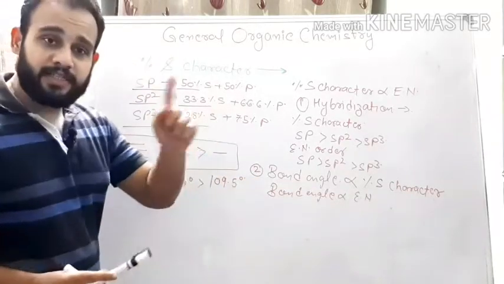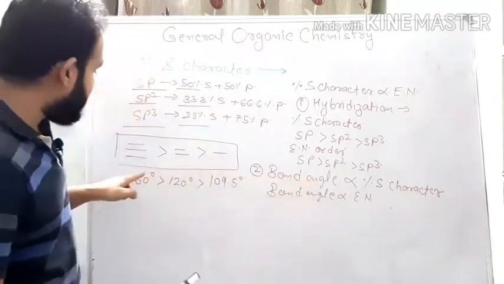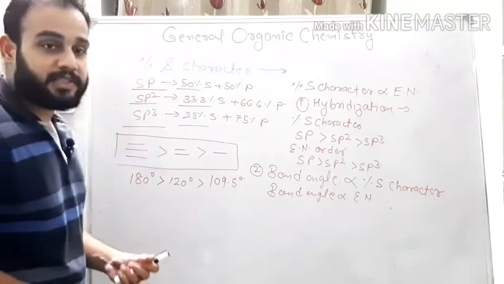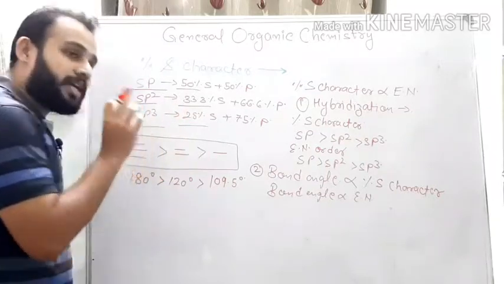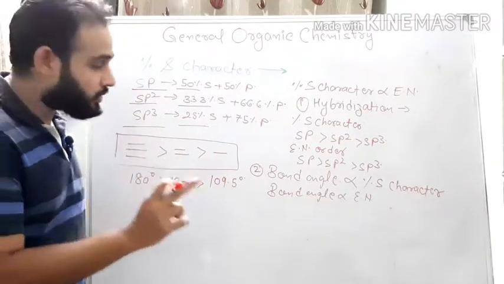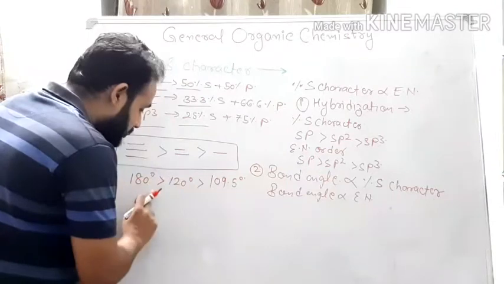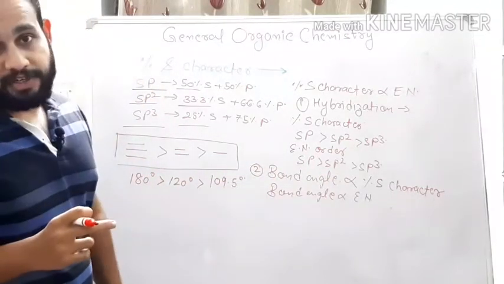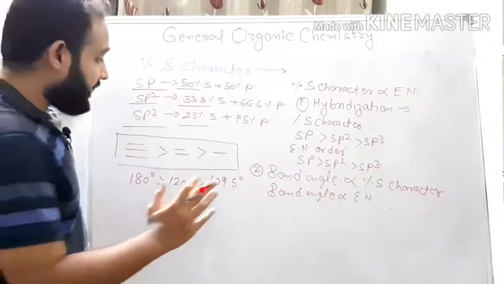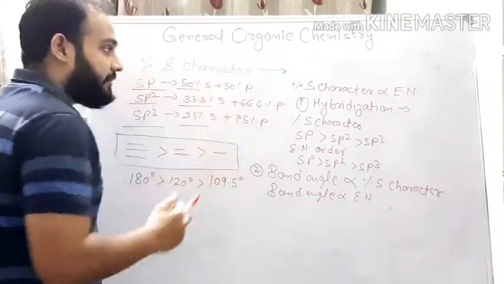So you can relate this easily. When bond angle increases, percentage s character increases. The highest percentage s character is in the triple bond, that is alkyne, sp hybridization, so it has the highest bond angle and also the highest electronegativity. Understand, friends?